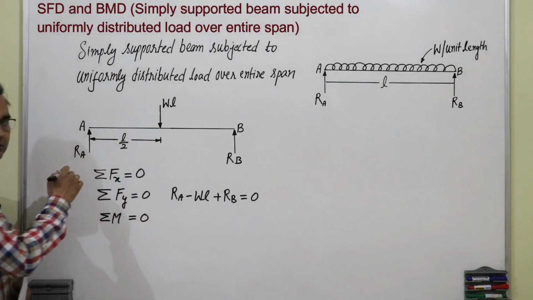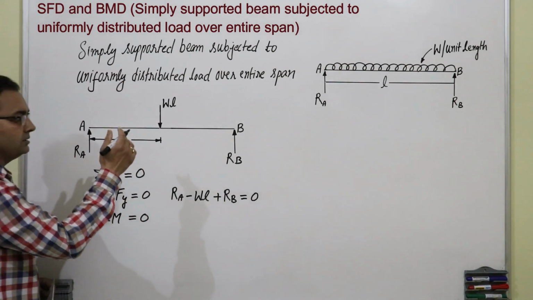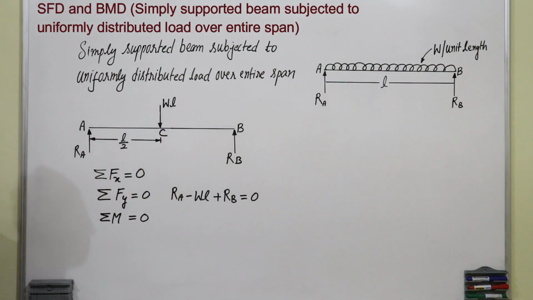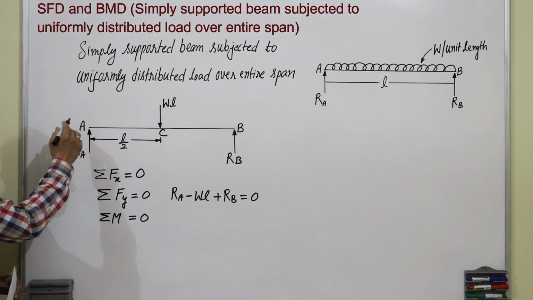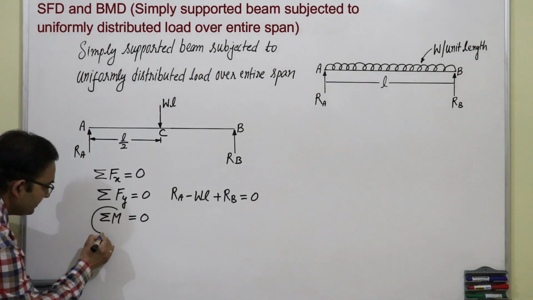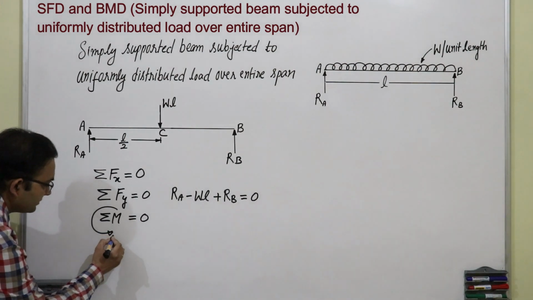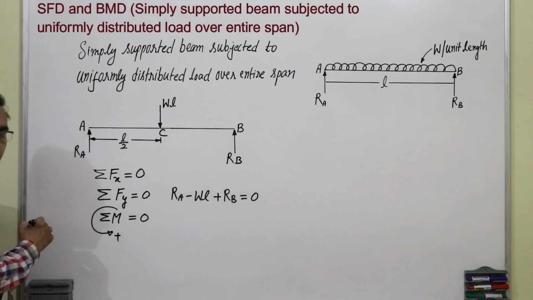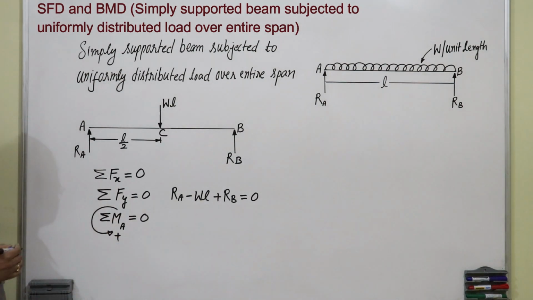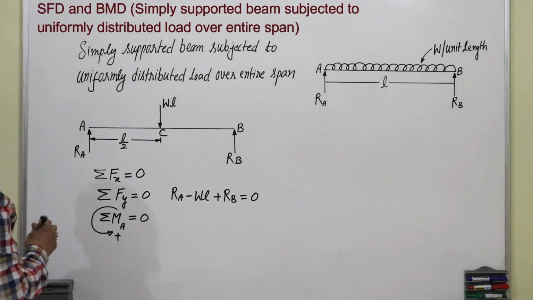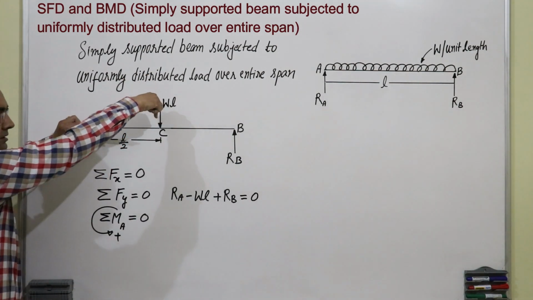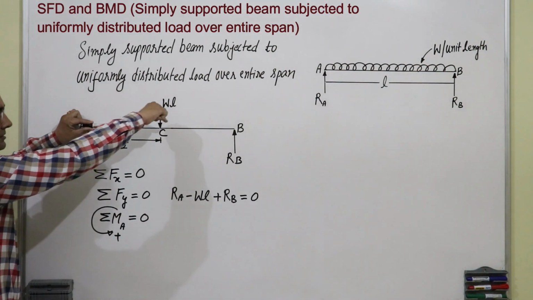Now, we can take moment about any point. We are saying this is point C. We are taking moment at point A and this is the sign convention I am taking: anti-clockwise direction, moment is positive, and I am taking moment about point A. So, this is force into perpendicular distance.